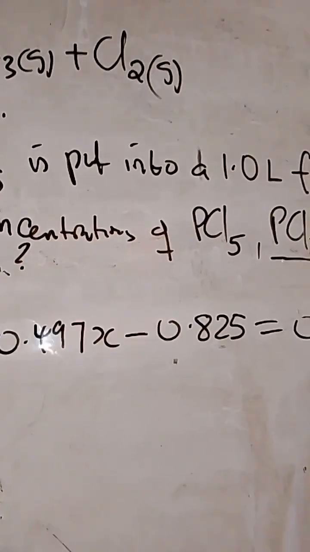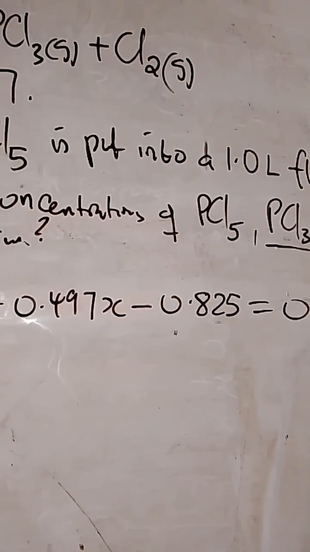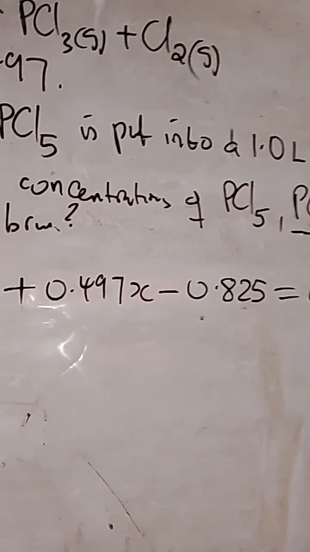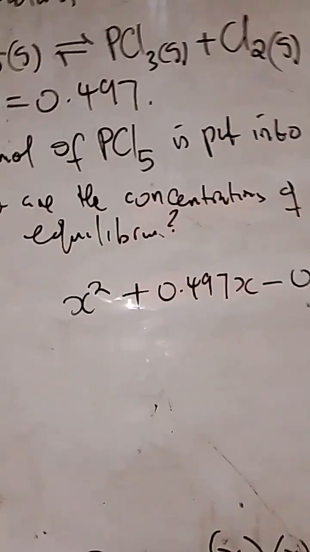Here it has to be plus, because when this term crosses the equal sign, it becomes plus. So you formulate a quadratic equation like that.